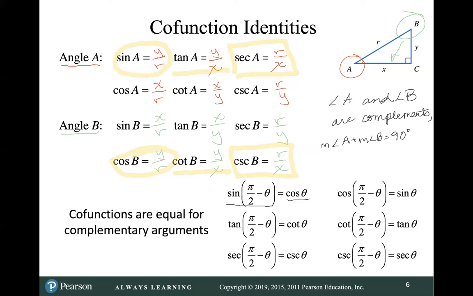That's the complementary function. So pi over 2 minus theta, or 90 degrees minus the angle, is the complementary angle, and it is equal to the complementary function. Okay, and that's true for any of our 6 pairs of complementary functions. So sine and cosine, cosine and sine, and so on.